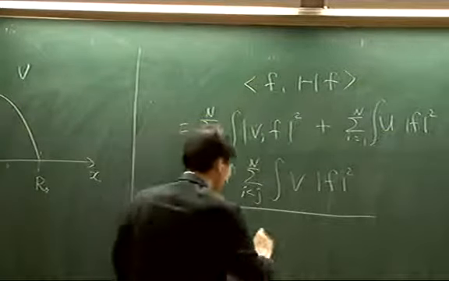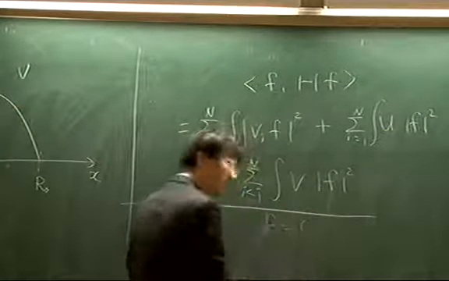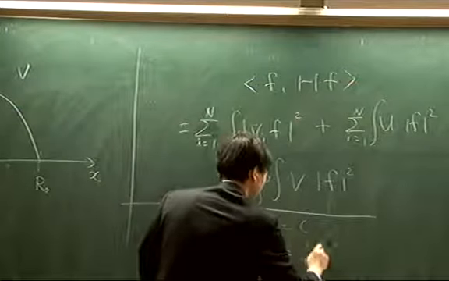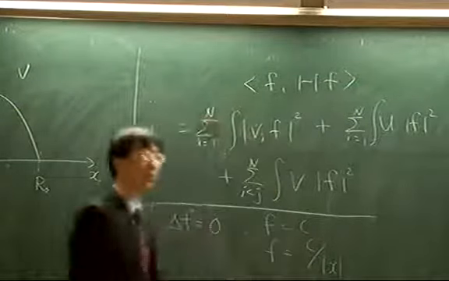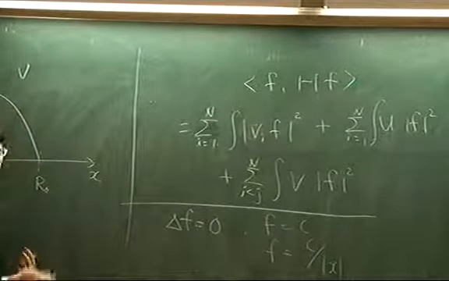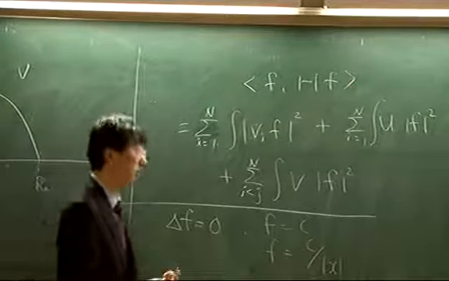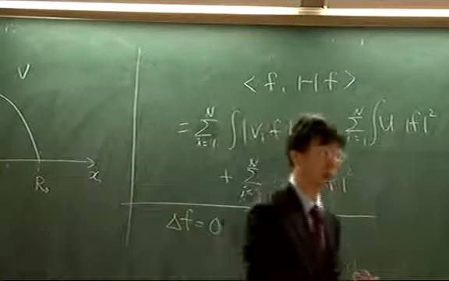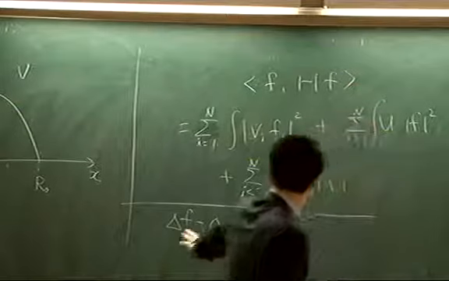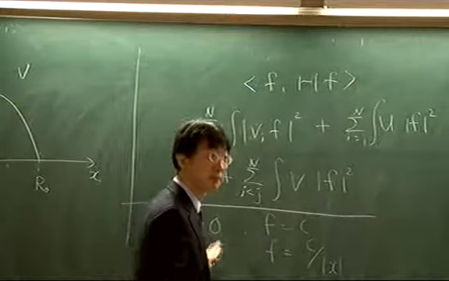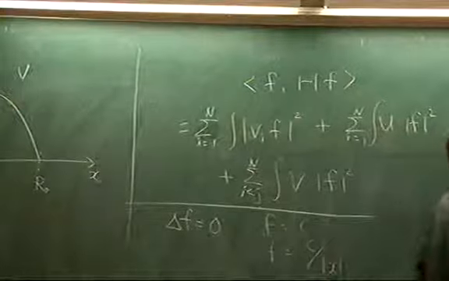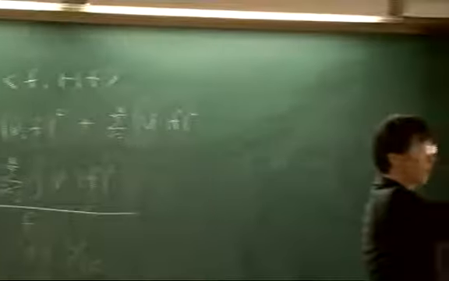One is constant, and the other is constant over R. And the linear combination of those two also is a solution of this Laplacian equals 0.